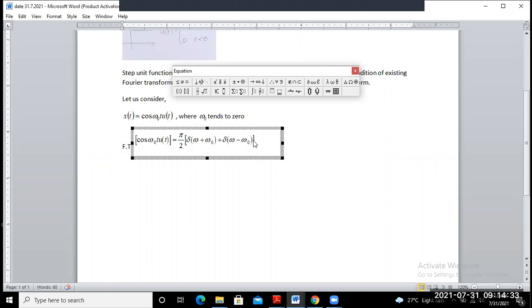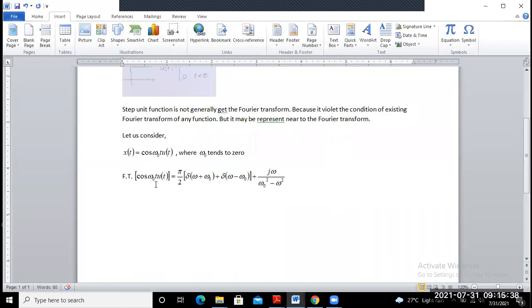We already read this in the previous class. So the Fourier transform of cos omega naught t u(t) equals this.